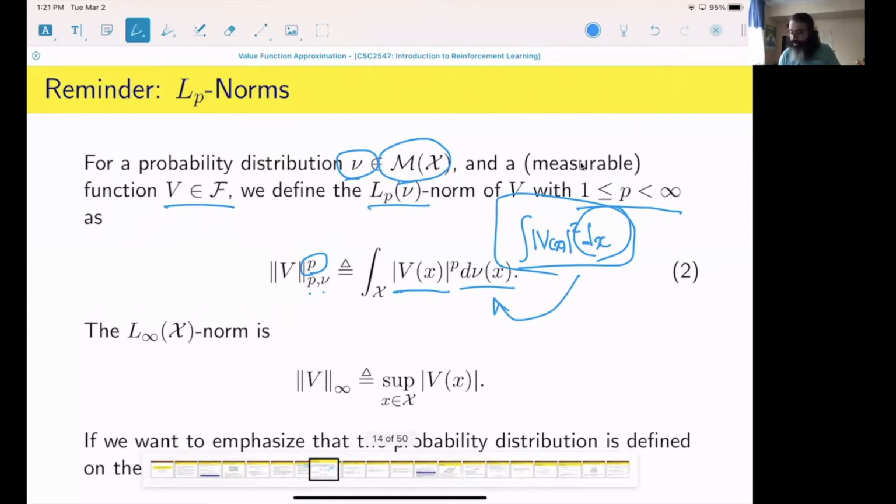So you have probably seen this integral form, but here I want to be specific about the distribution. So nu here, I may change to other distributions, nu rho, to emphasize what the weighting function is that I'm using. And in most of this lecture, and I think the rest of the course, we will talk about the L2 norm.